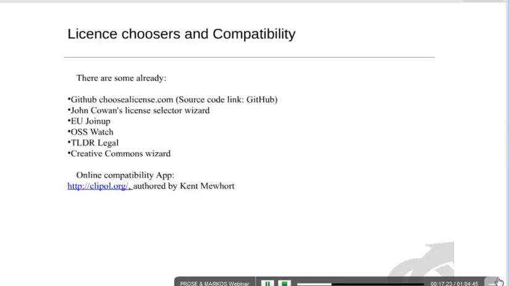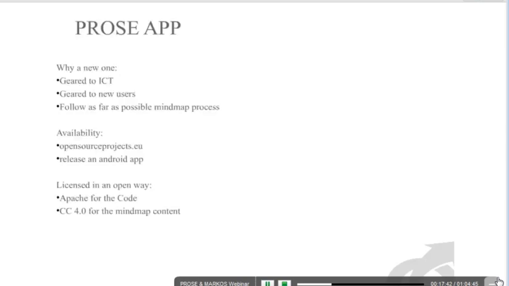We found that they didn't really fit exactly what we wanted, which was a very simple sort of new entrant level license chooser. And we, in fact, created our own, but we looked to all of these different existing choosers in making our own license chooser. We thought that we would gear it to ICT, we'd gear it to new users, and as far as possible, we would make the app follow a mind map process.